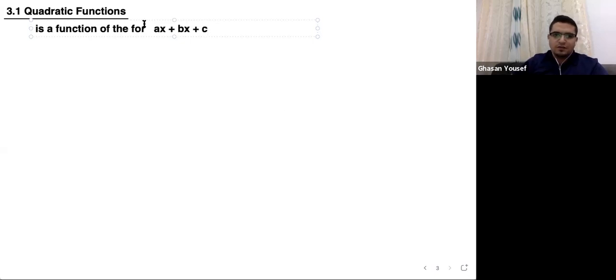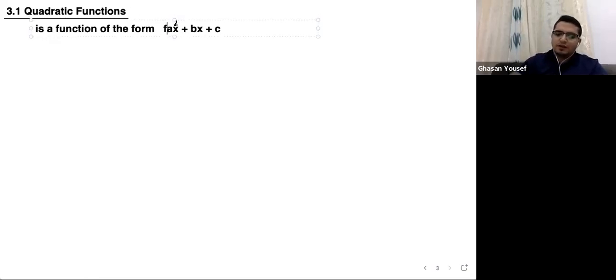Any function of this form is called a quadratic function.